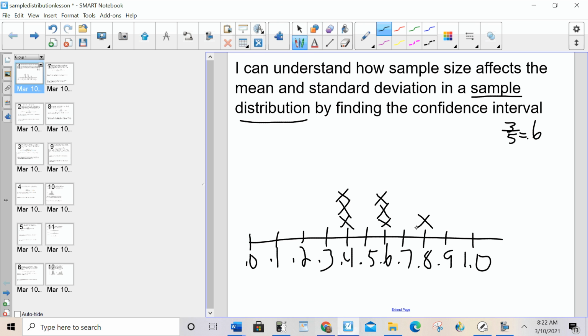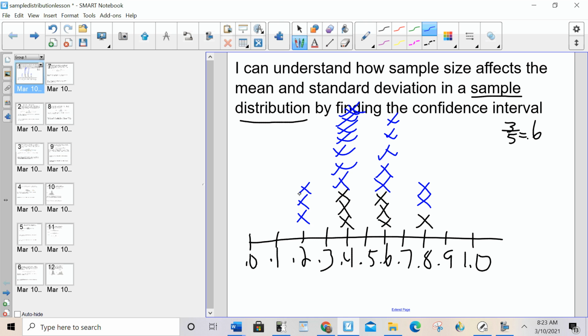Now, if I keep on going, I'm going to get what this would most likely look like. I'm going to get mostly 0.4s and 0.6s, a couple of 0.8s and 0.2s.